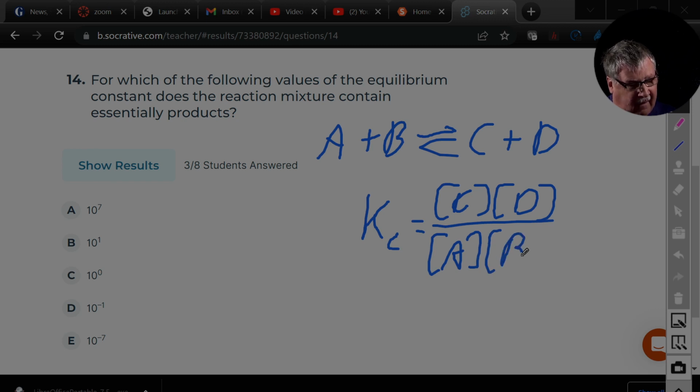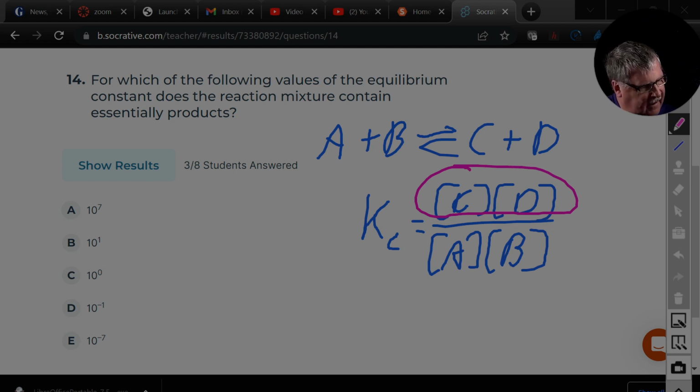So if the products are favored, what do we see? We see that this part of the equilibrium constant is going to be large. So it's going to be very large, right? There's your answer.